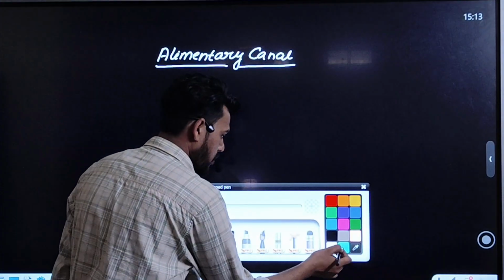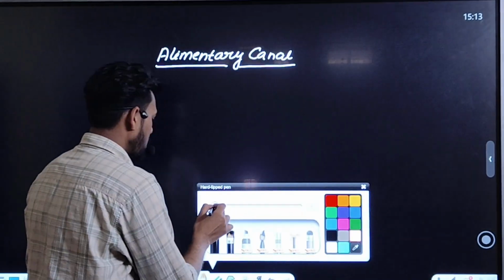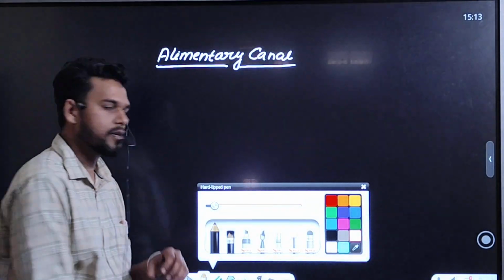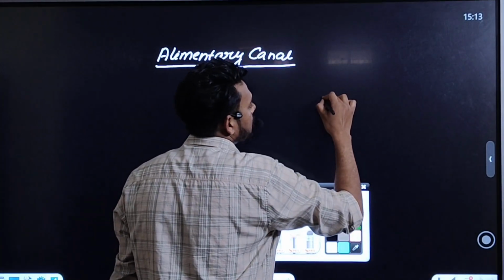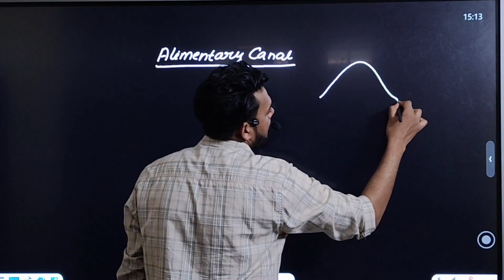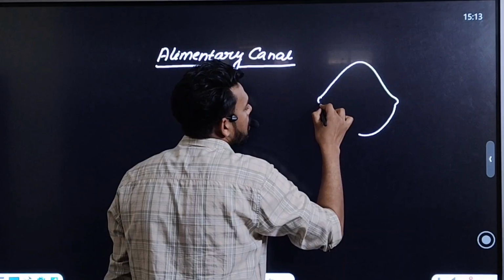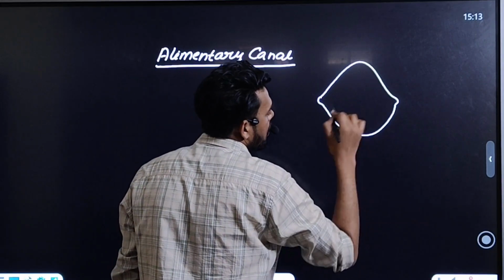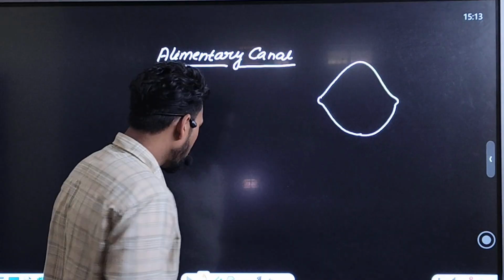Let's see a simple basic diagram given in the NCERT. It starts from an open mouth of a frog.